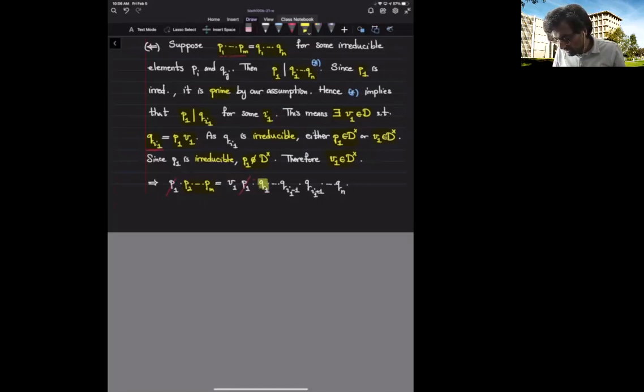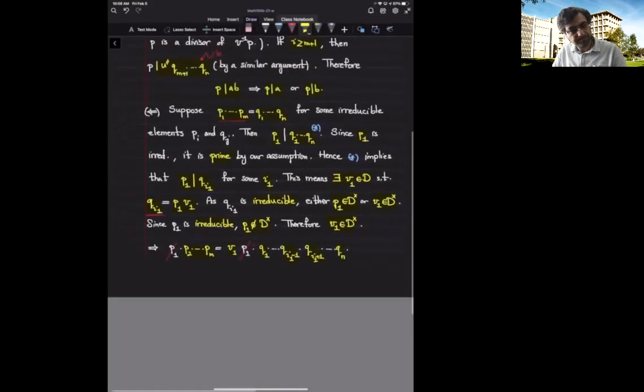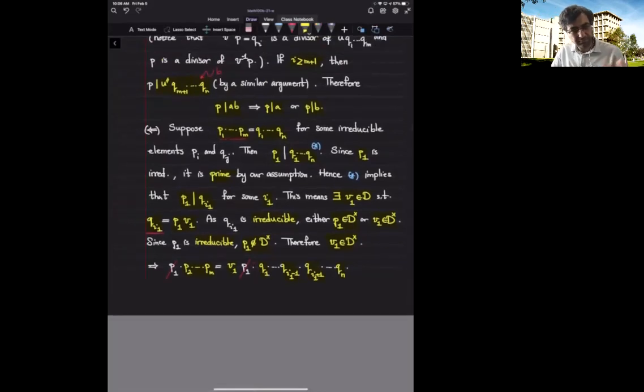So all the other factors except Q sub I sub 1. One of the factors on the other side is dropped, and I've replaced it with some unit. V sub 1 is a unit, it is not going to play an important role, as we will see. Now I repeat this process for P sub 2, P sub 3, and so on.